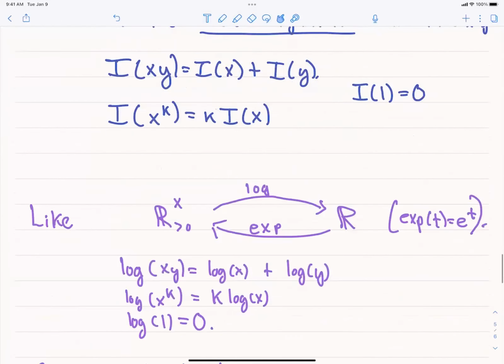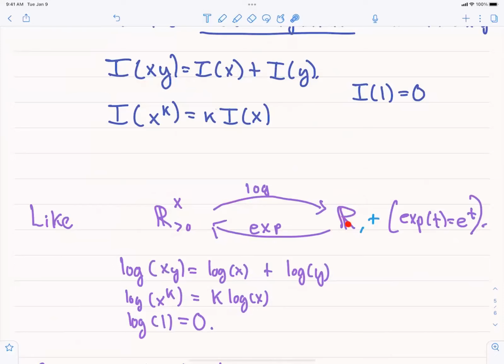These are the properties that the logarithm satisfies, and these properties are some of the main reasons the logarithm is a useful tool. So the logarithm takes a positive real number, and multiplication on the positive real numbers, and turns it into just a real number, and turns multiplication into addition.